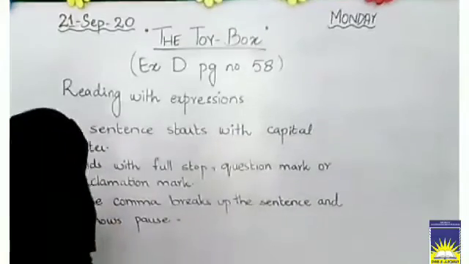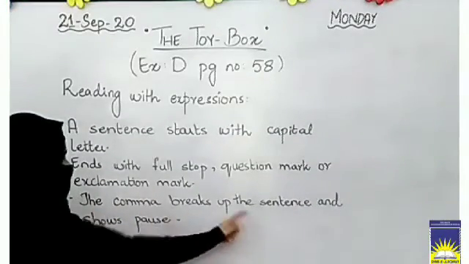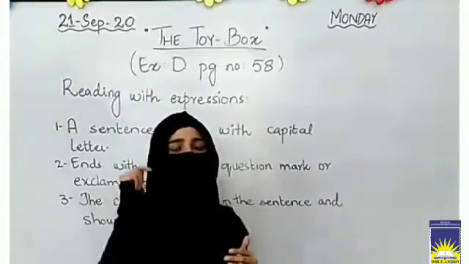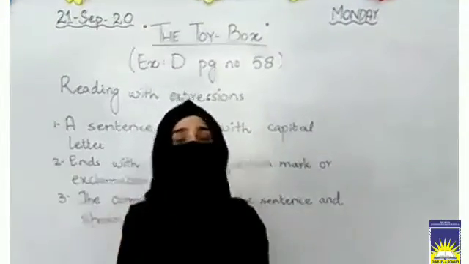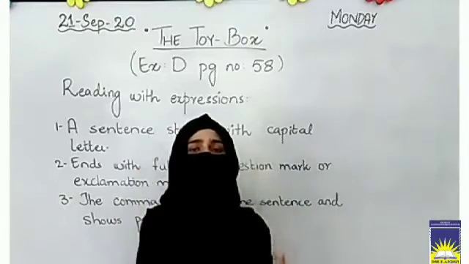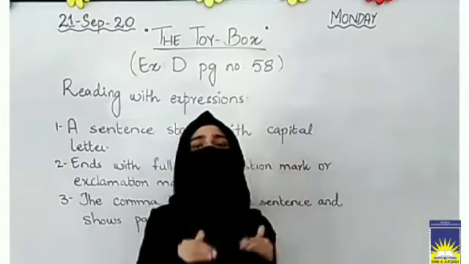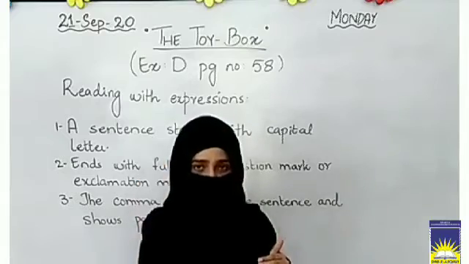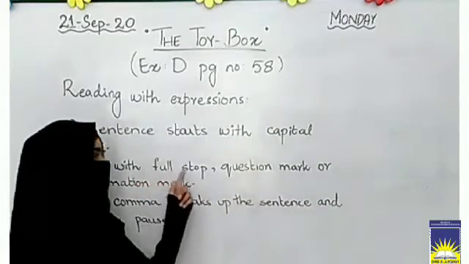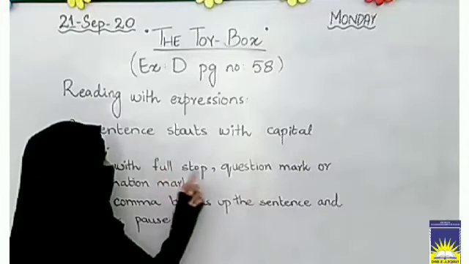The last point is, the comma breaks up the sentence and shows a pause. Now when there is a comma in the sentence, we have to think that the sentence is broken up, and now we have to give a pause here. For example, in the last sentence, as you can see, I have put a comma after the full stop.